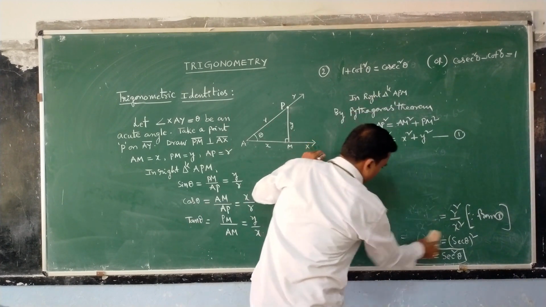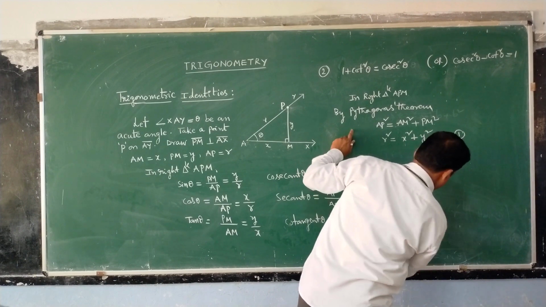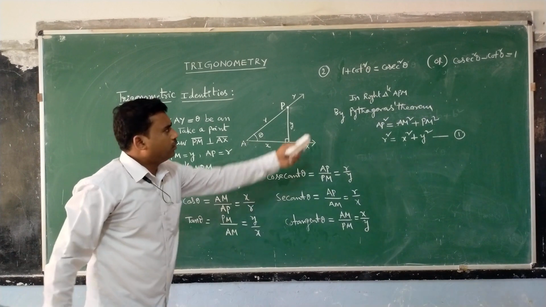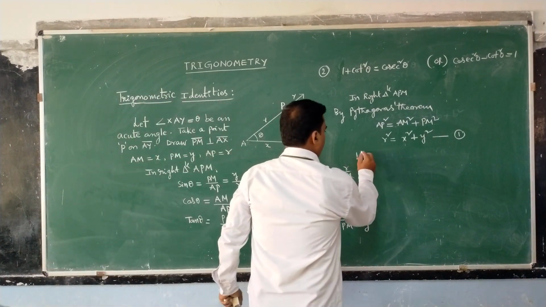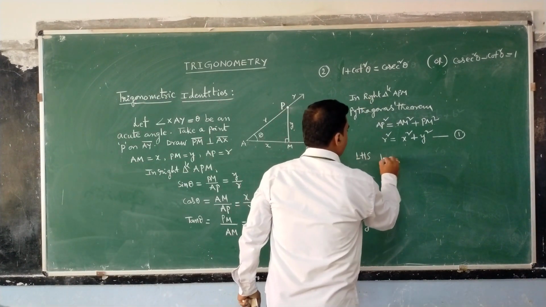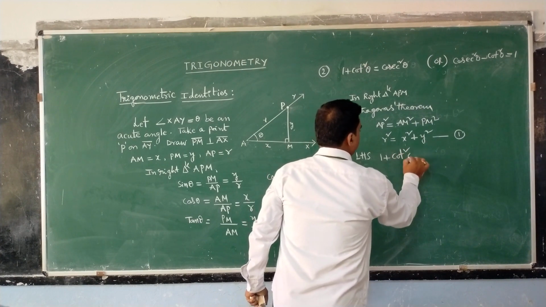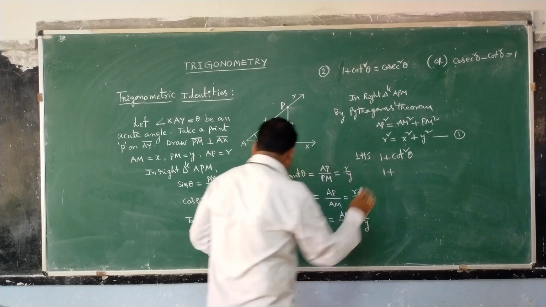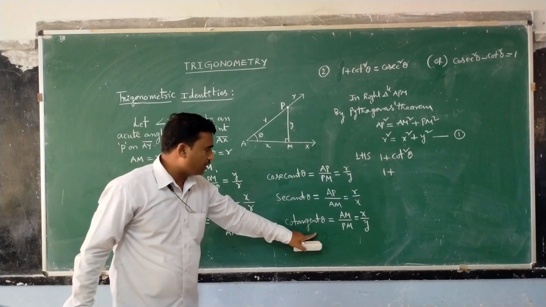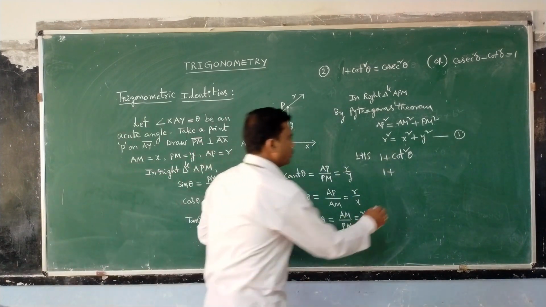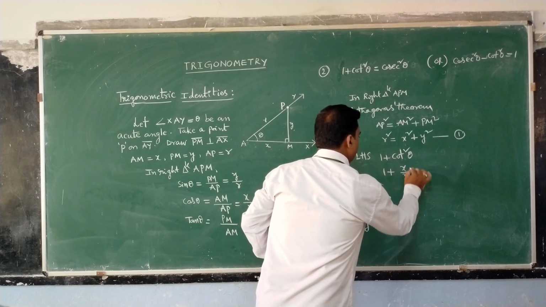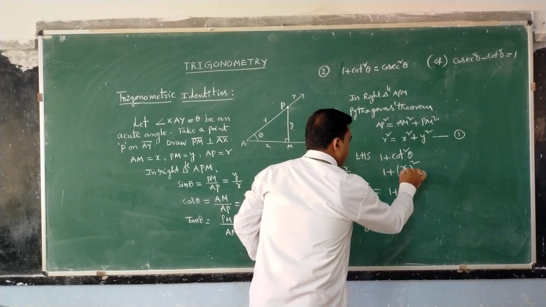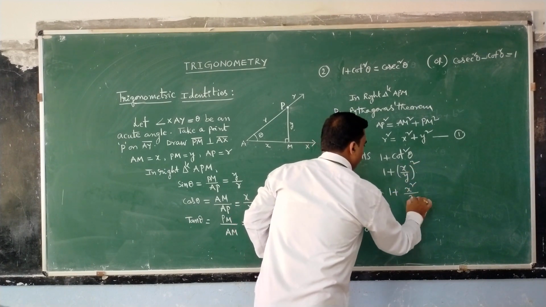Now take the LHS, 1 plus cot square theta. So cot theta is equal to x by y, so (x by y) whole square, that is equal to 1 plus x square by y square.